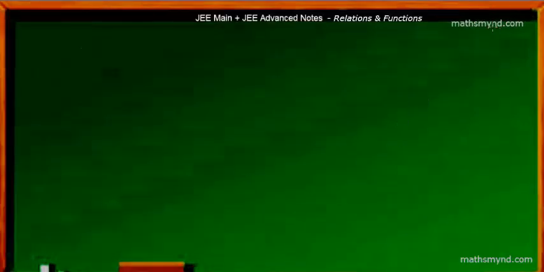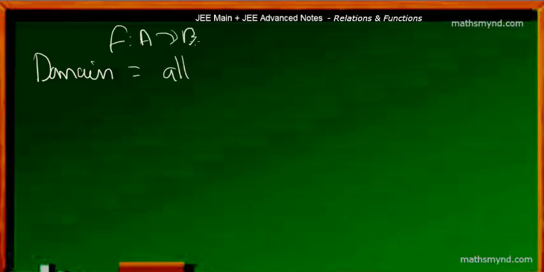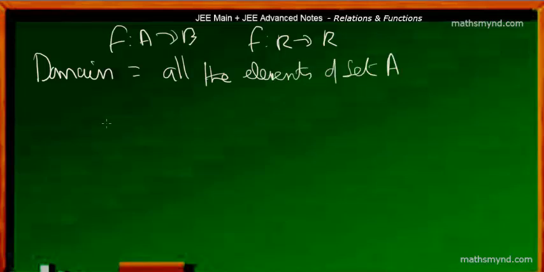So let us do a recap. It simply means that domain refers to all the elements of set A, if we are dealing with a function from set A to set B, or suppose it's also a real valued function.